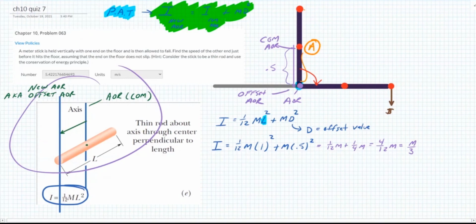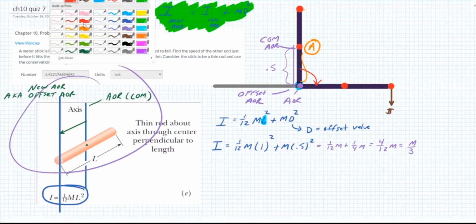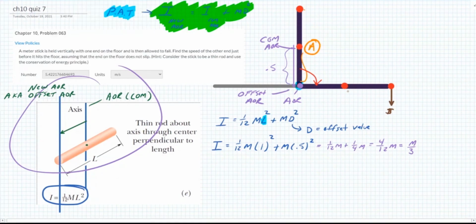Okay, energy state B. My center of mass, which is the point at which all the material can be considered to be concentrated, starts at energy state A and then falls over to energy state B. So if I do energy analysis, 1, 2, 3, whatever energy I have at A plus whatever external non-conservative forces are stealing energy or adding energy equals whatever I have at B.